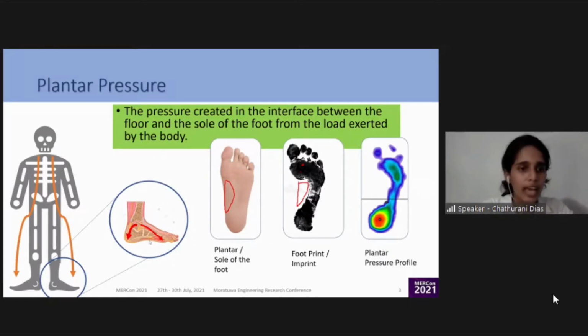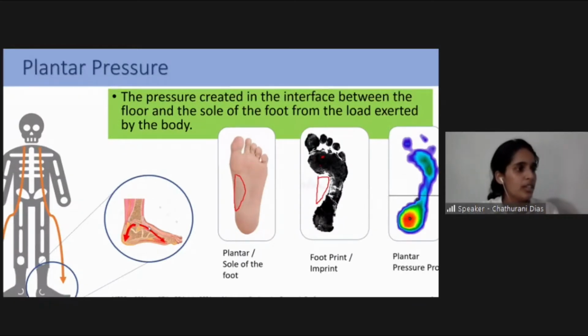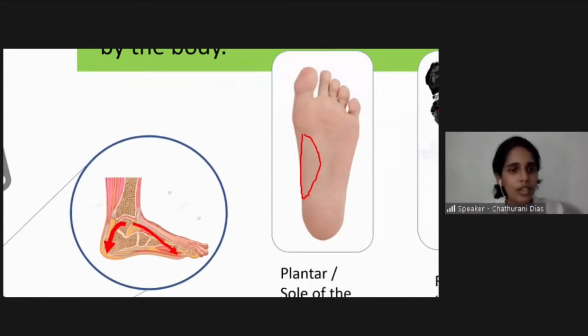If we look at the structure of the foot, the foot has a very complex musculoskeletal structure, and it's formed such that the load exerted on the foot is distributed to different areas of the contact area in different proportions.